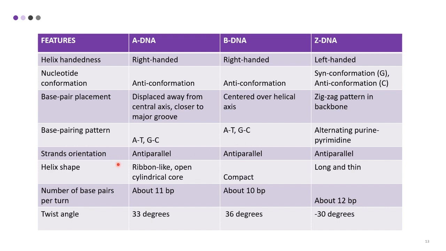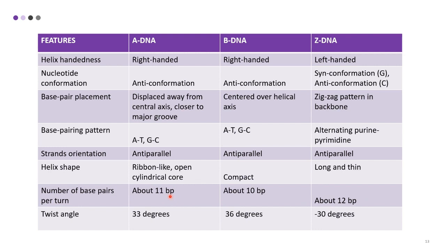The strand orientation is antiparallel for all the types of DNA. The helical shape is a ribbon-like open cylindrical shape in A DNA. It is compact in B DNA, whereas in Z DNA, it is a long and thin helical shape. The number of base pairs per turn differs with the type of DNA.